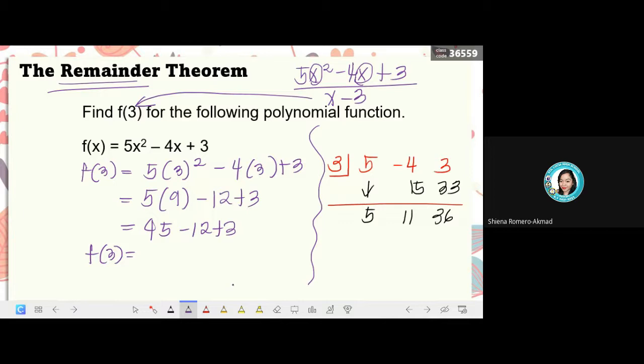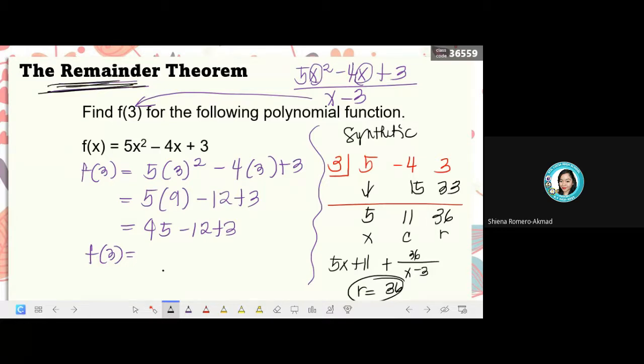Here we have obtained the remainder, right? This is the remainder, and this is the constant. So the answer here is 5x plus 11 plus 36 divided by x minus 3. So the remainder here is 36. So we can use synthetic division, and also we can use the remainder theorem.